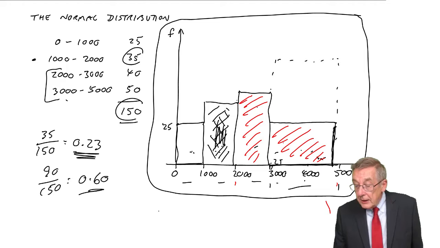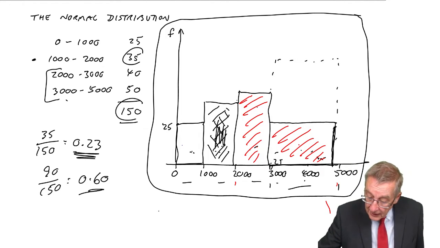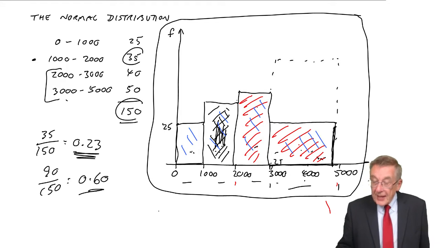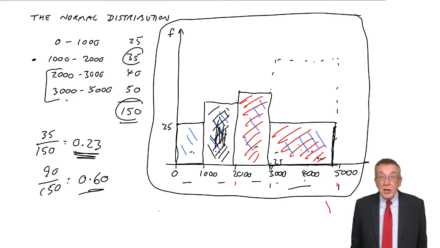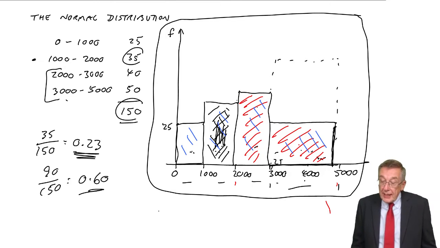And if you took that as a proportion of the total area of all the bars, that's proportional to the total number of workers. And so divide the red area by the blue area, and again you end up with 0.6.